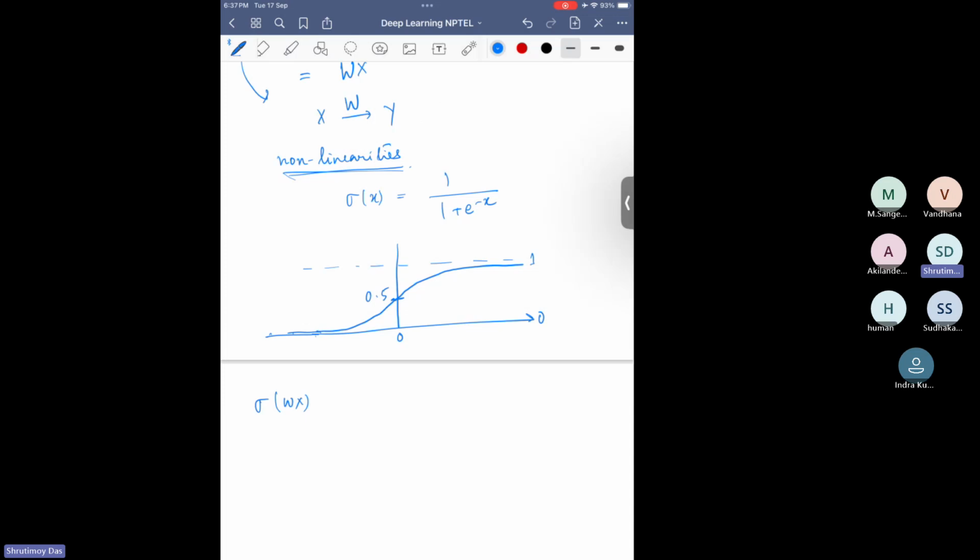If wx is very high, say wx is 100, then sigma of wx is 1. Similarly, if wx is minus 100, then sigma of wx is 0, and so on.